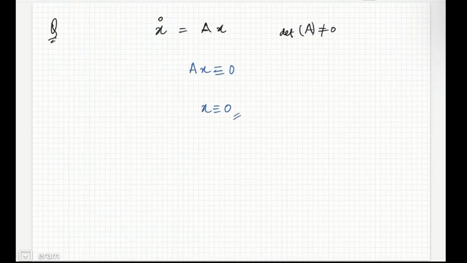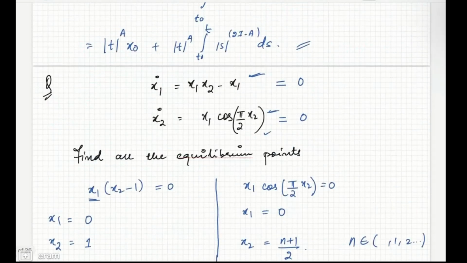So for a linear system, we have only one possibility of equilibrium point, that is the 0 vector. But for a non-linear system, we can have an infinite number of equilibrium points. Based on the concept of equilibrium points, we will see how we can tell about the stability of the system, and that will be covered, I think, in week 4.